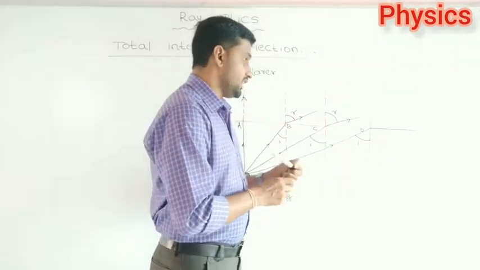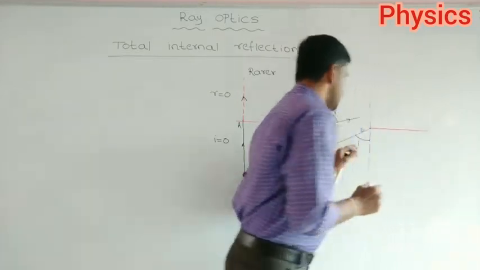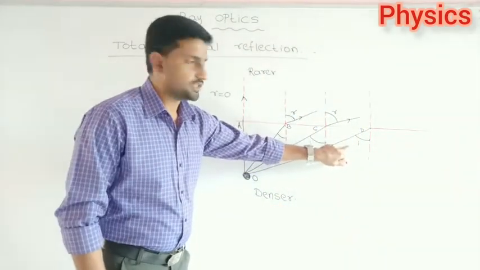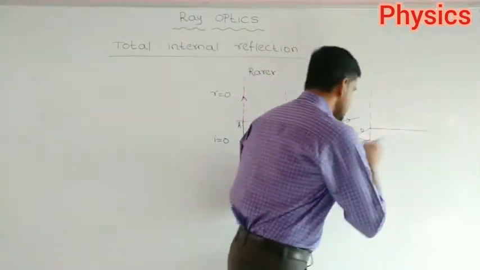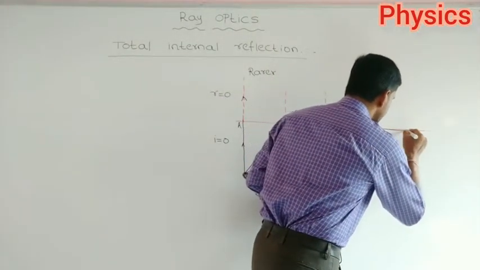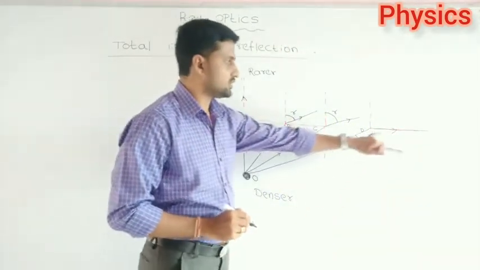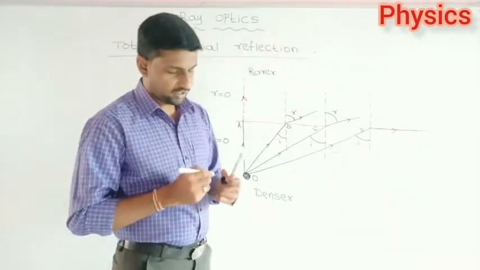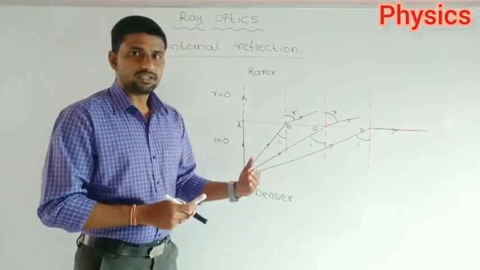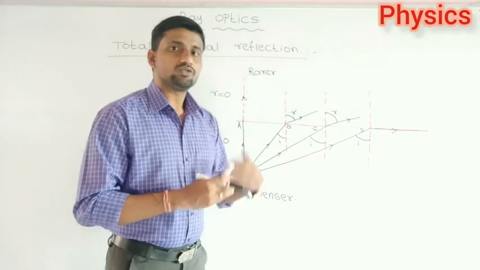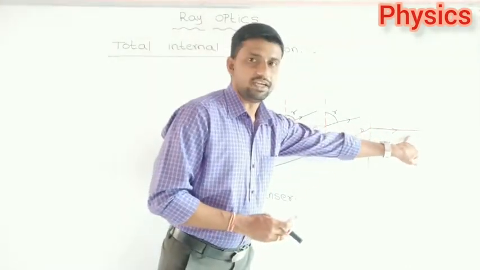That means at this angle of incidence, the ray of light just grazes the interface. So this is the refracted ray in this case, because we know that as we go on increasing the angle of incidence, the angle of refraction also increases. So finally it just grazes the interface.